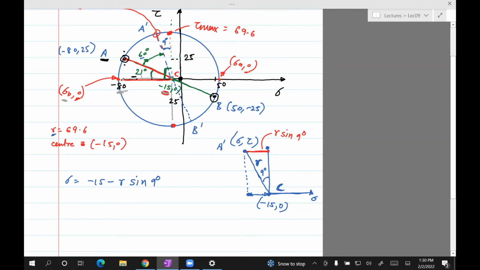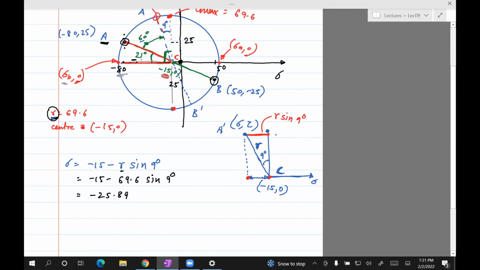So if you take this and subtract it from this minus 15, then you will get the coordinate of A on the x-axis. And that's pretty much what I've done. Minus 15 minus 69.6 sine of 9 degrees. R comes from here. So that is minus 25.89.